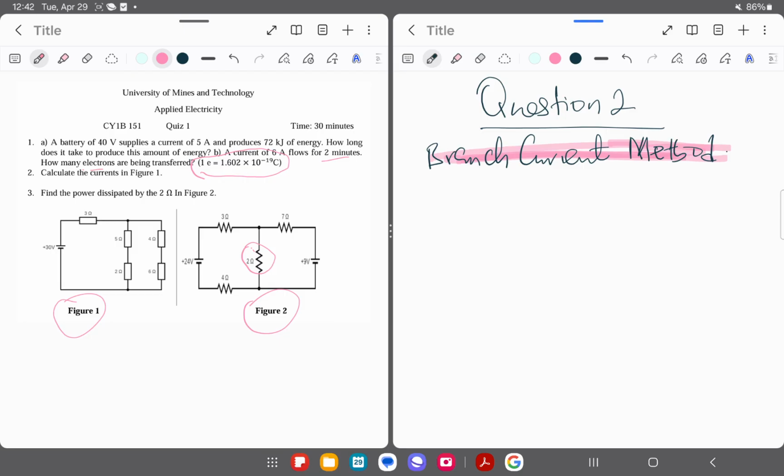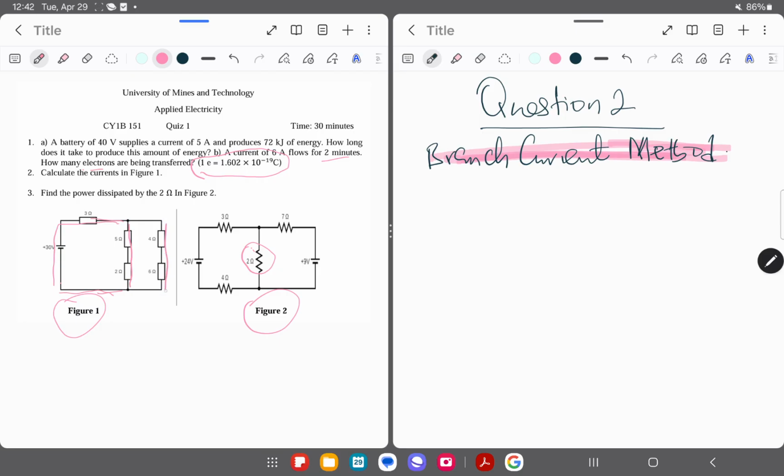So with the branch current method, what we tend to do is assign current to each branch. You can see that we have 3 branches, right? We have one here. This is one branch. We have another one here.